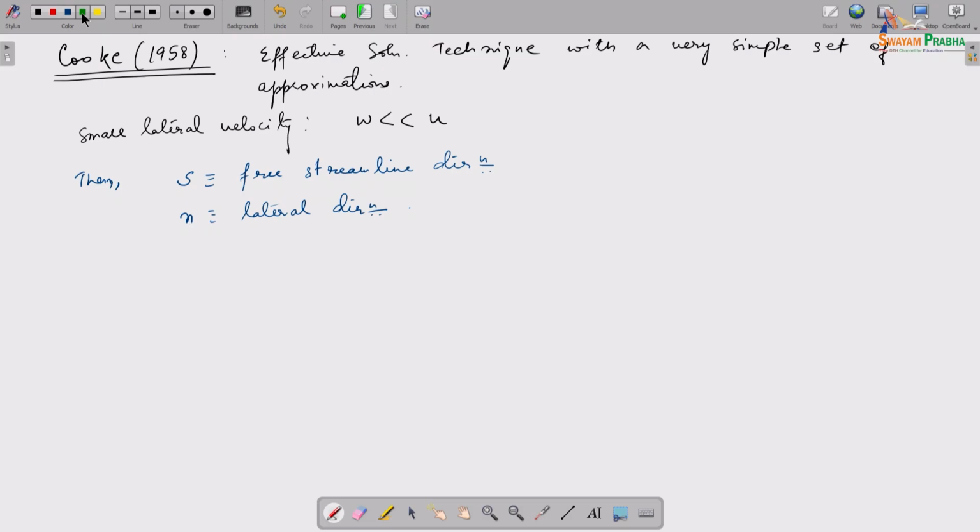Okay. So, then the momentum integral equations. What happens to them? Well, they look like this. Okay. Right.